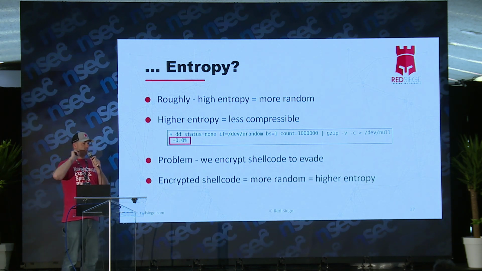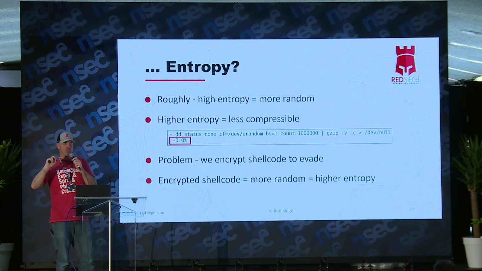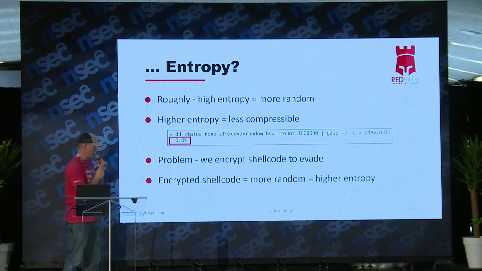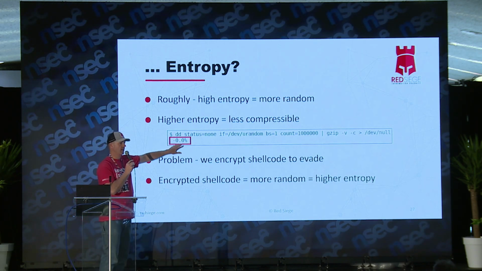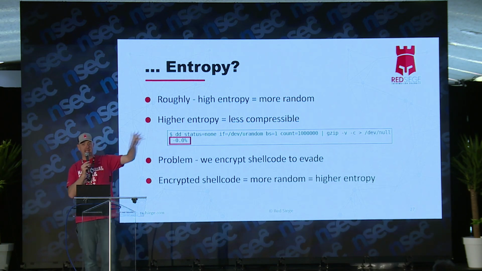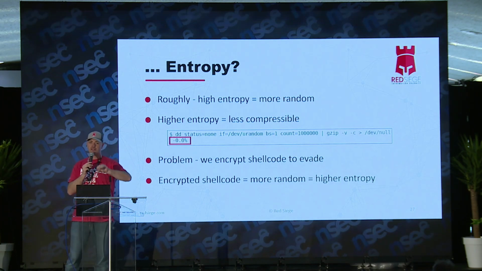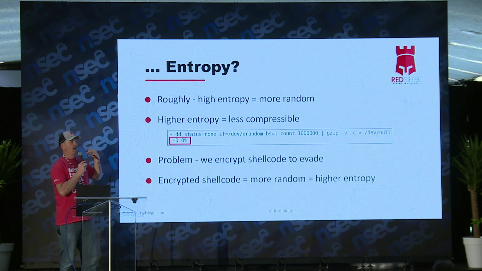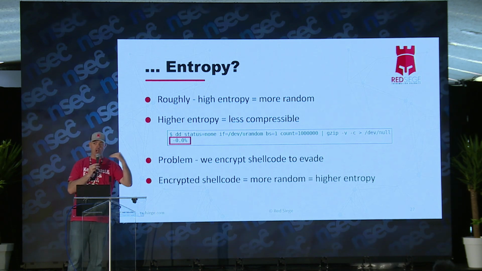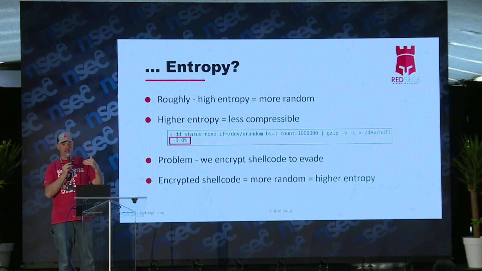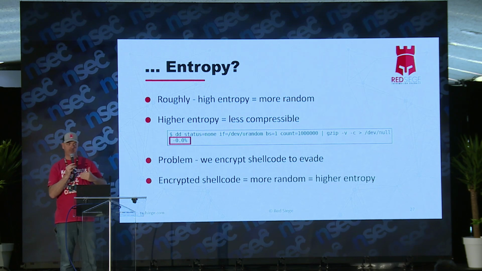If we pipe in 1 million bytes of random data into gzip and we try to compress it, it tells us that it compressed it by 0.0%, meaning it did not reduce the size of the input at all. Because of Kolmogorov complexity, we know that that must be highly random data because we couldn't compress it.